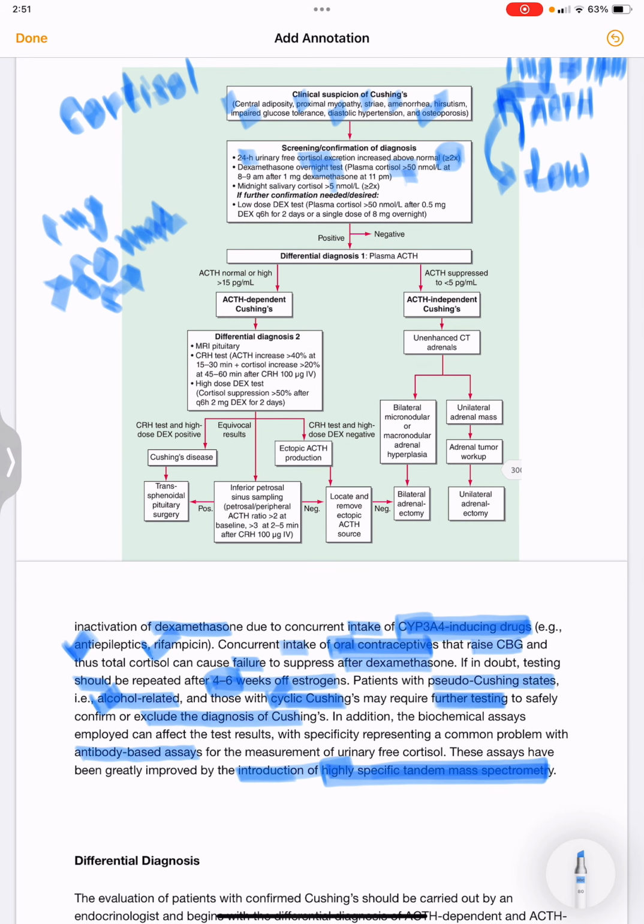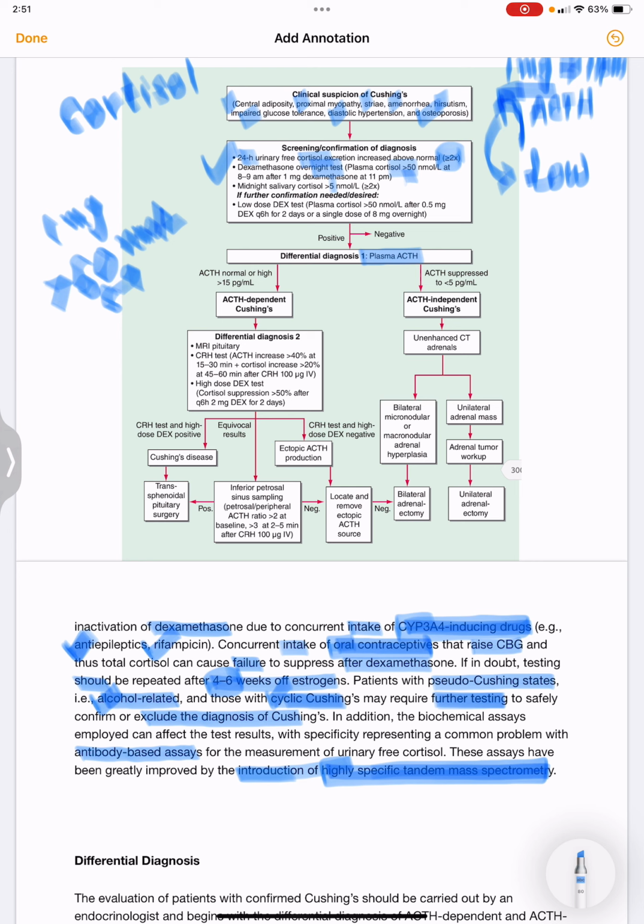And after that, if these tests are positive, then what should be done? A plasma ACTH has to be measured. First we are doing a screening test, and if the screening test is positive, then we are doing a plasma ACTH.